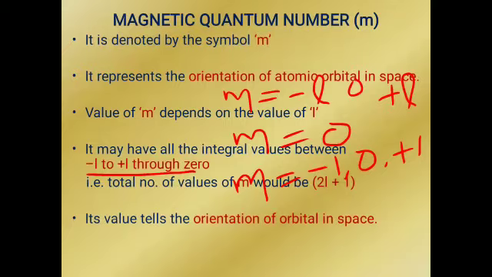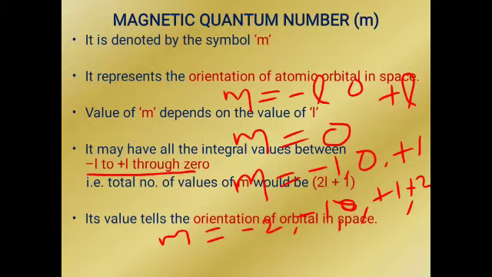Suppose L is equal to 2, what will we get? m is equal to minus 2, minus 1, 0, plus 1, plus 2. Five different values are possible for m whenever L is equal to 2.